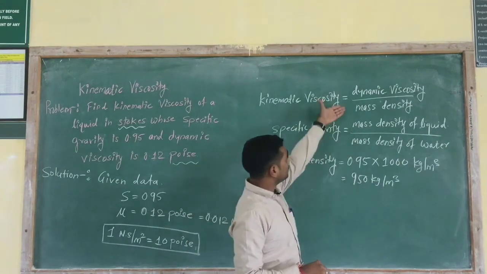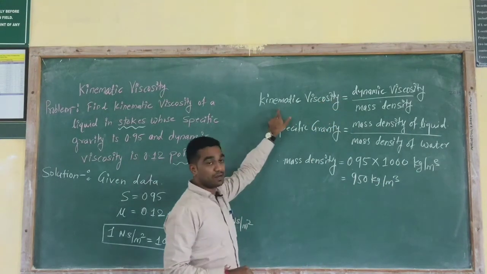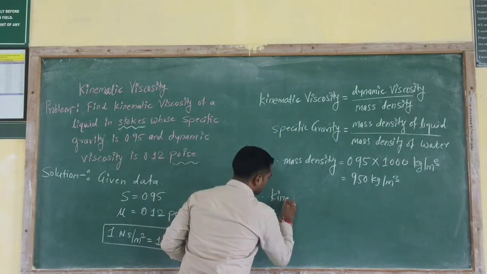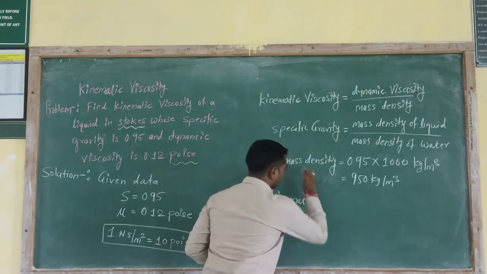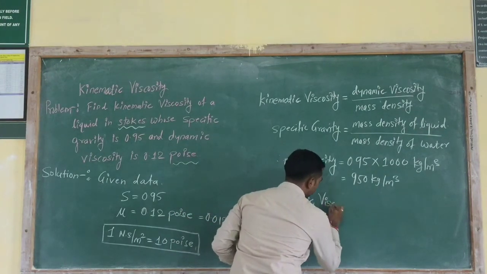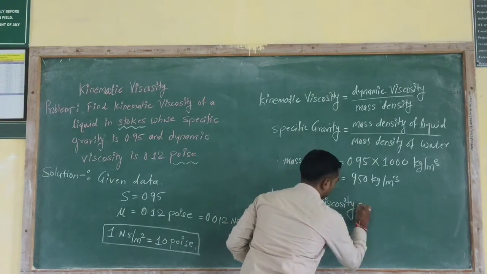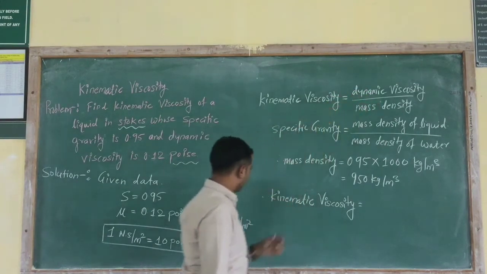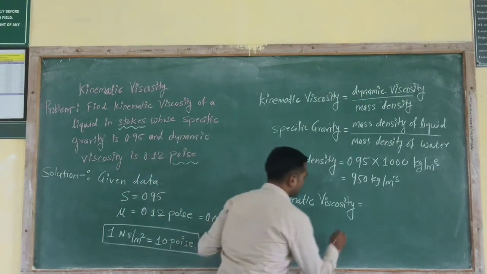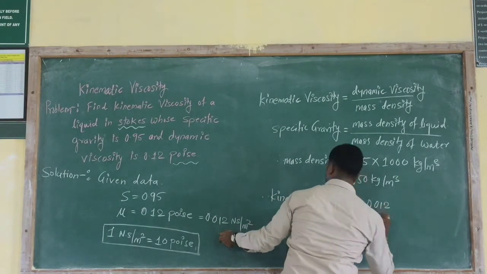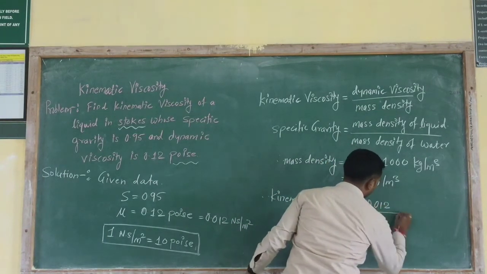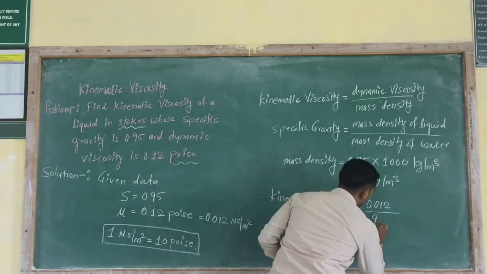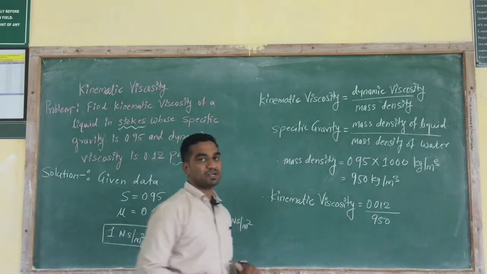Now put this value in this equation to get the value of kinematic viscosity. Therefore, kinematic viscosity is equal to dynamic viscosity, that is 0.012, divided by density, that is 950 kg per meter cube.